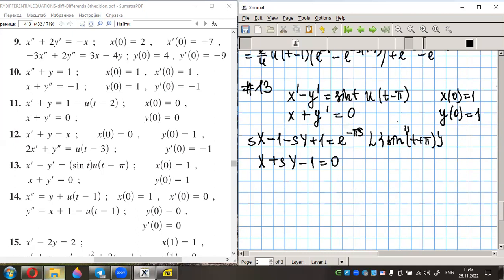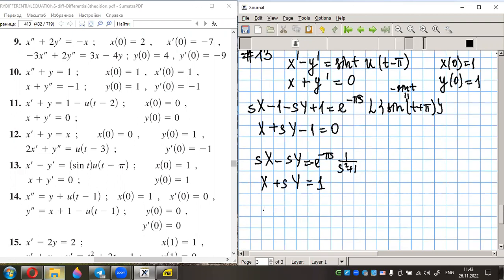This equals minus sin t, and I can rewrite the system as sX minus sY equals minus e to the minus pi s times 1 over s squared plus 1. And the second, I just put 1 on the right hand side.